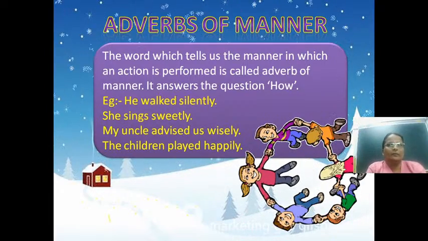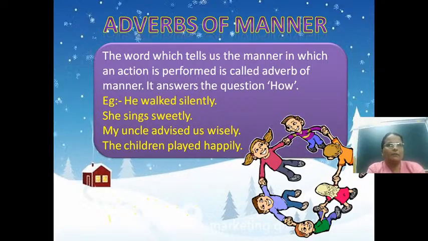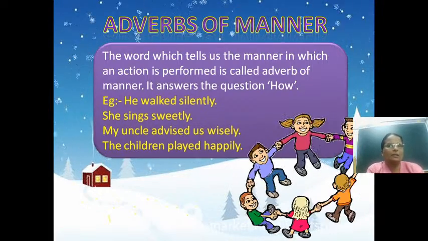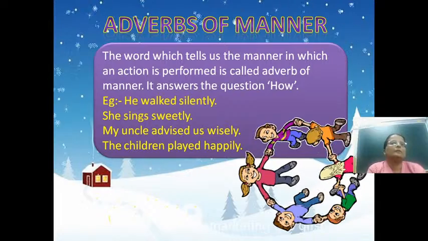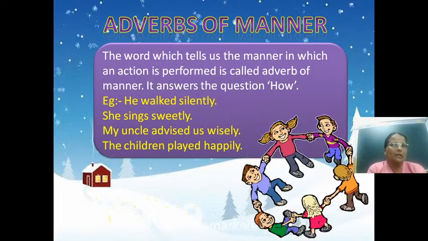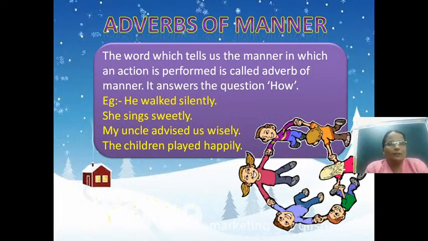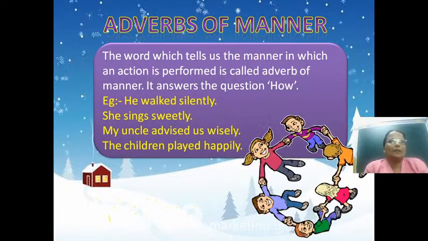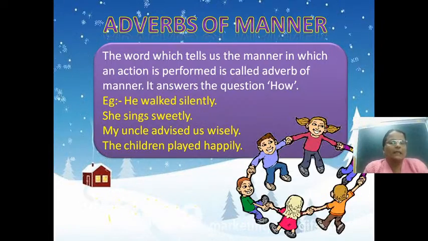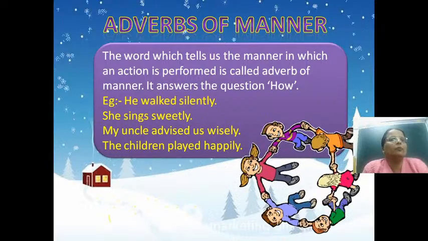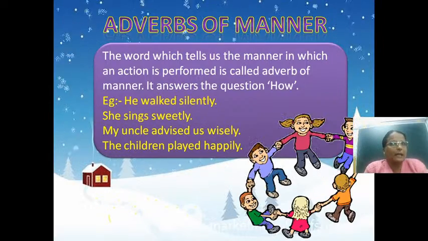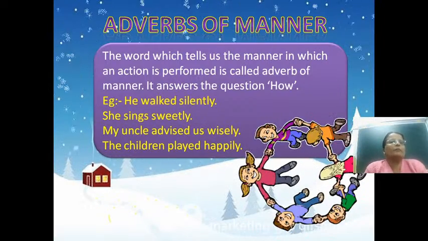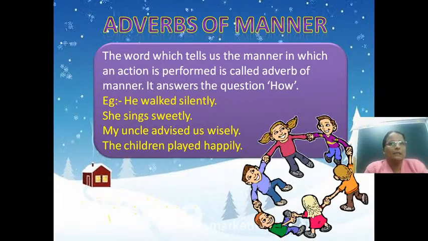So here there are some of the samples which we have discussed. He walked silently. How did he walk? Silently. So silently is the adverb of manner given in this particular sentence.